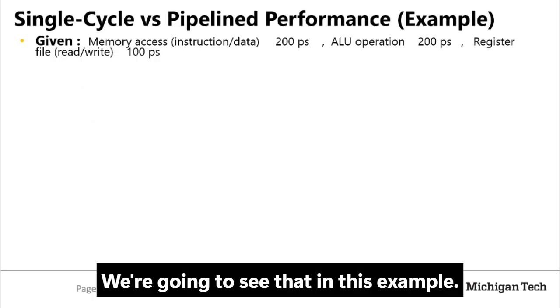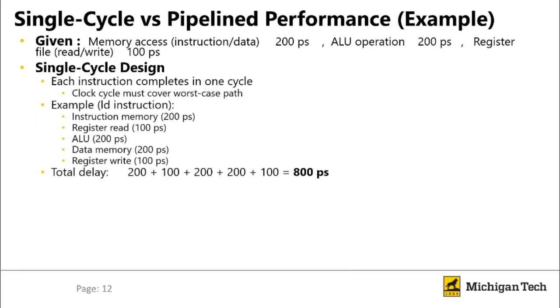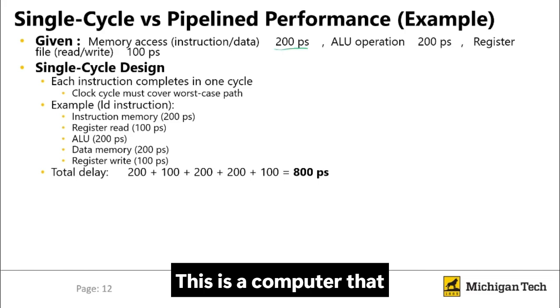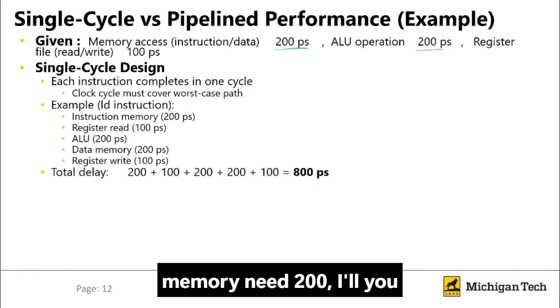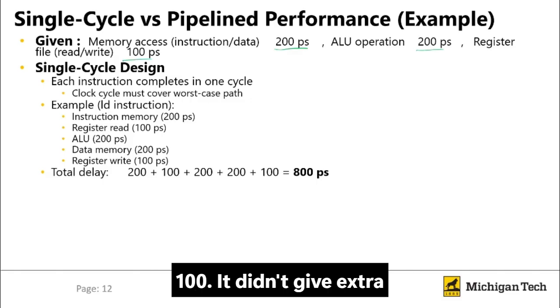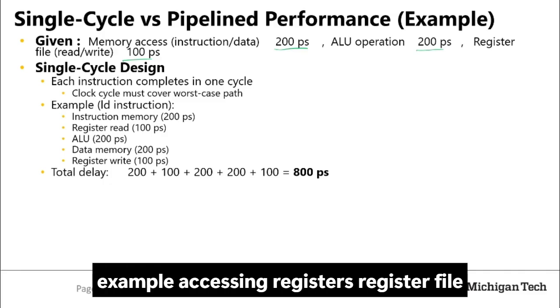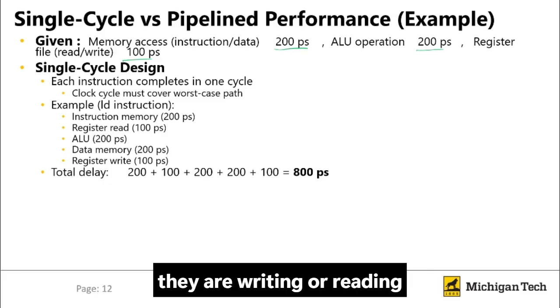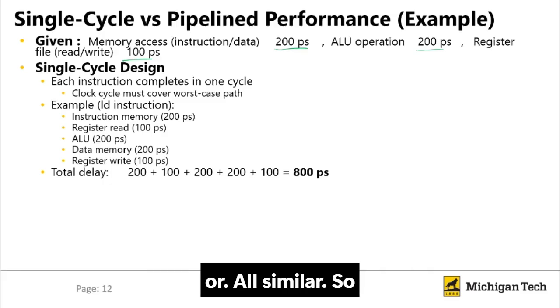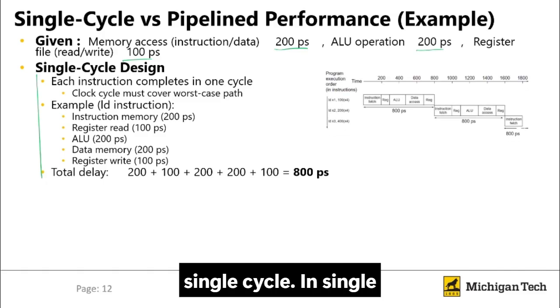We're going to see that in this example. This is a computer where memory needs 200, ALU needs 200, register file needs 100. It didn't give extra information, so accessing the register file, writing or reading, are similar. Imagine we are doing single cycle with 3 load instructions.